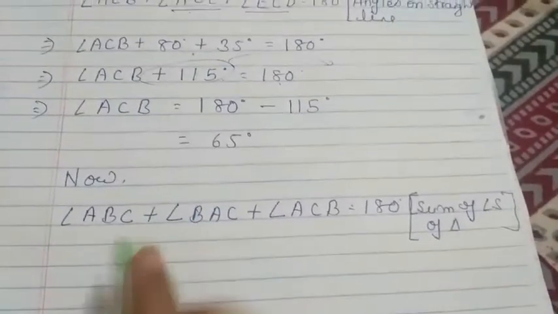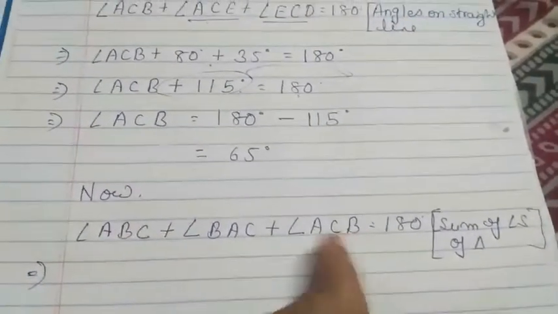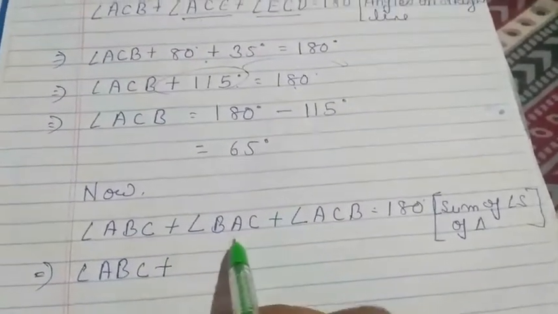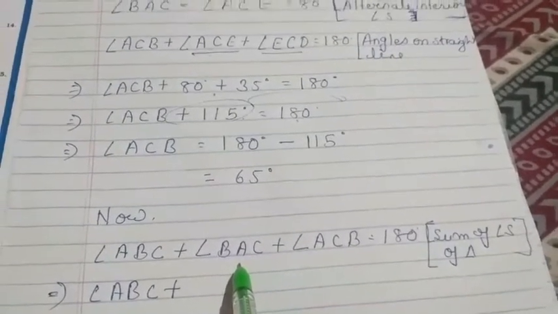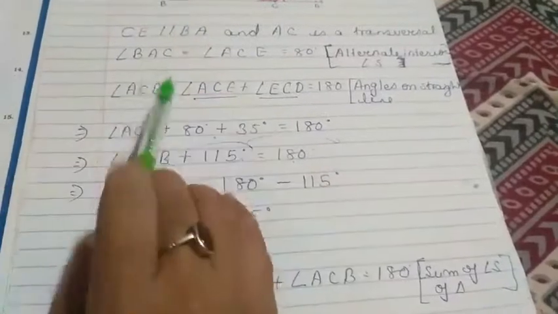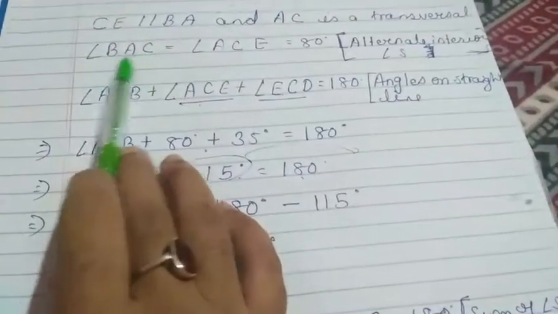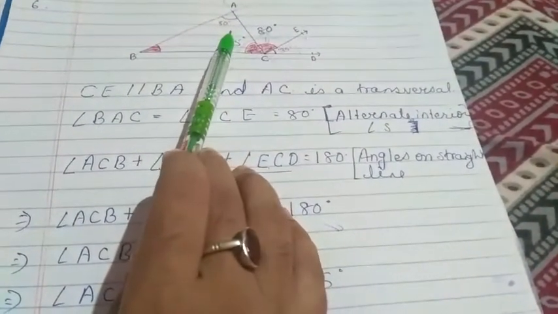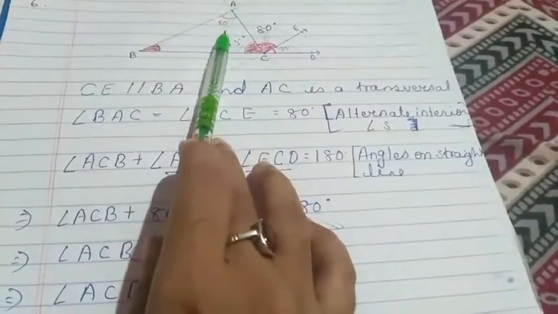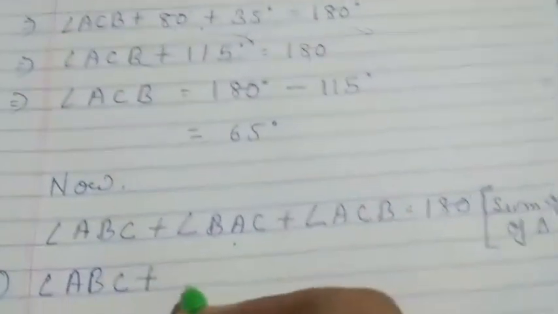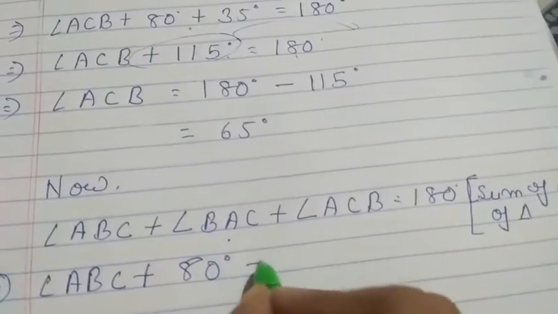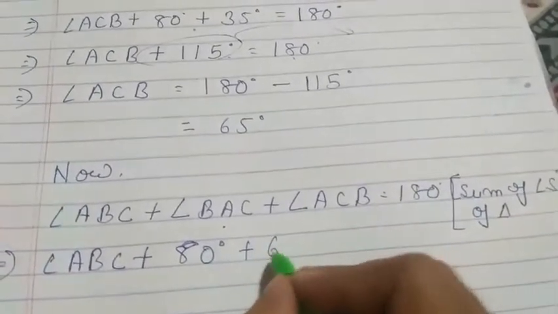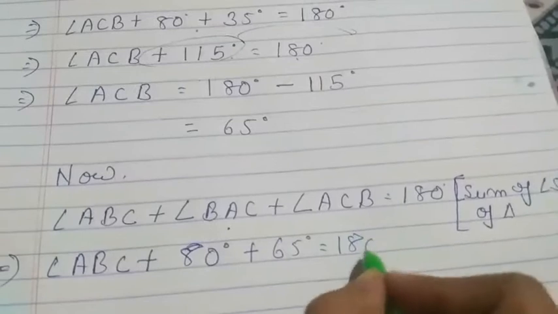Just put in the values of the angles here. Angle ABC you don't know, but angle BAC you know. Check it here. Angle BAC, how much? 80 degrees. Just put it here, 80 degrees. And again ACB 65 degrees equal to 180 degrees.